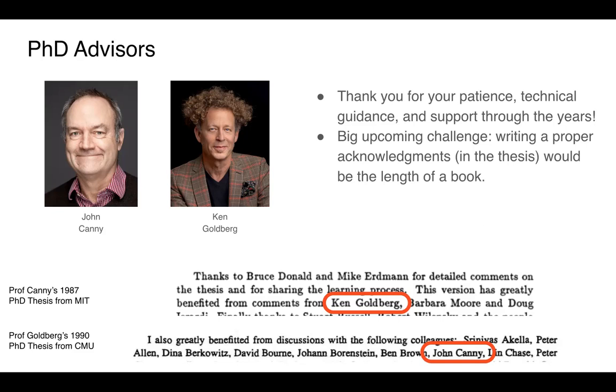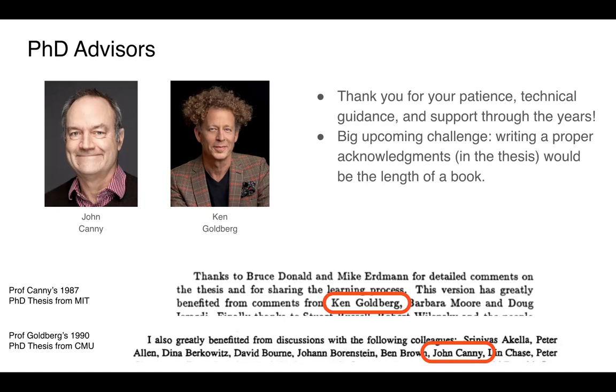So John, very briefly, is very good at any area of CS. He's a jack of all trades kind of person. And Ken is the leader in robot manipulation, and he helped me enter this field.